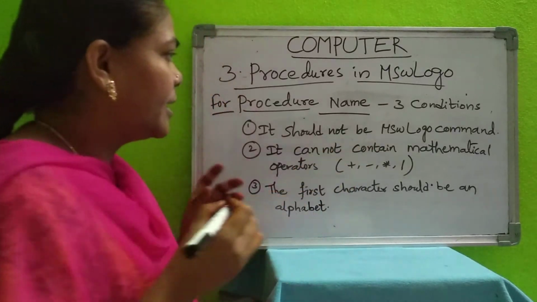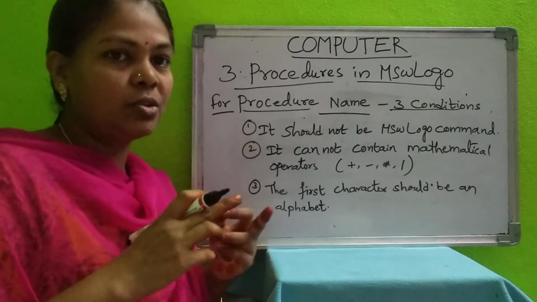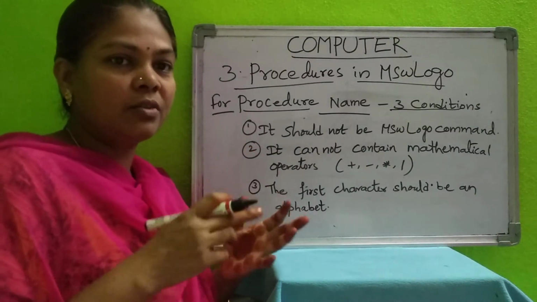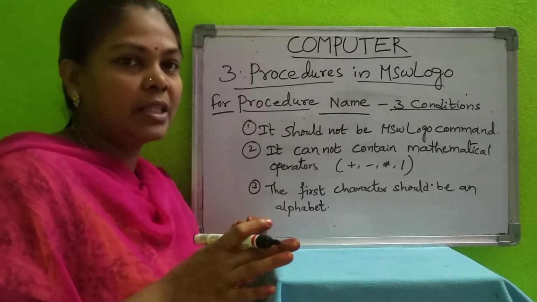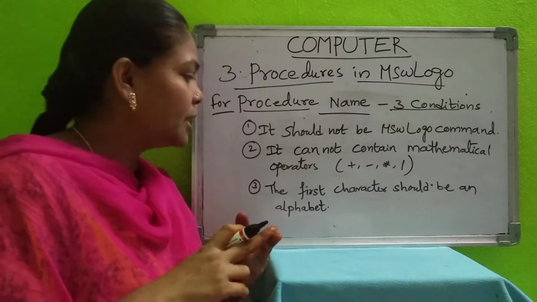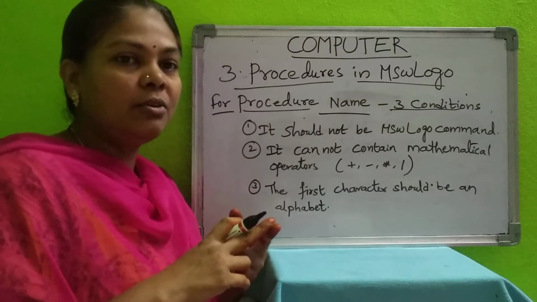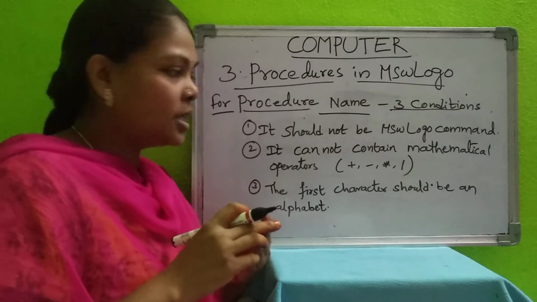So what are the three conditions? It should not be an MSW logo command. You should not give forward, right, left, backward, set pen color, set pen size, like those commands as a procedure name. The second one is it cannot contain mathematical operators. You cannot give plus, minus, star, slash symbols in the procedure name.